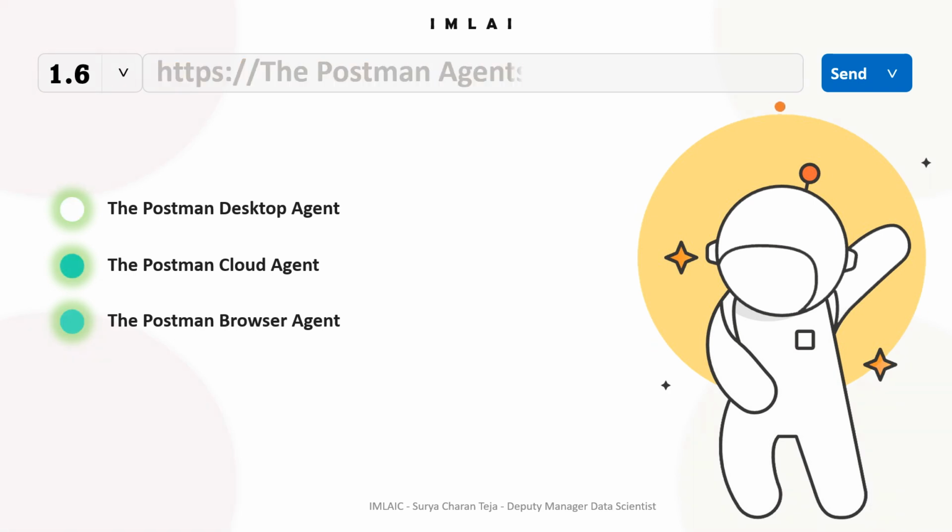The desktop agent overcomes the cross-origin resource sharing limitations of browsers, which we call CORS, and acts as your agent for making API requests from the Postman web app.